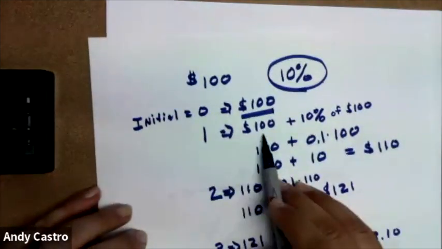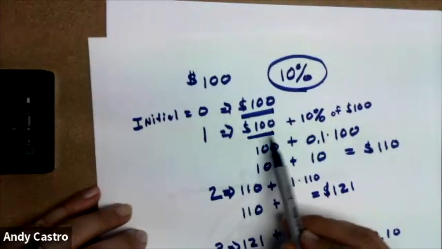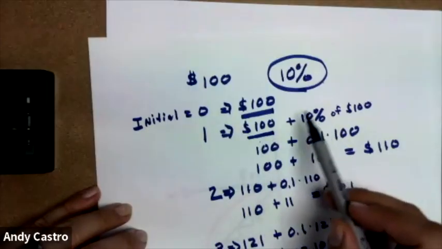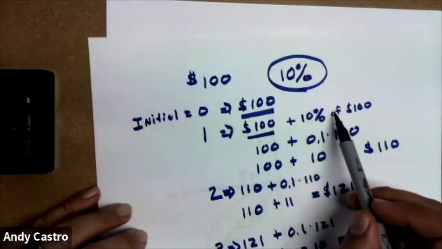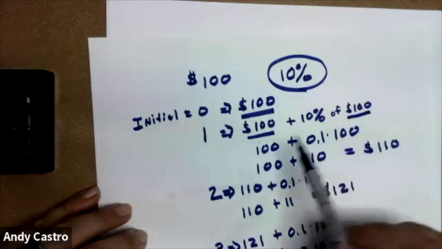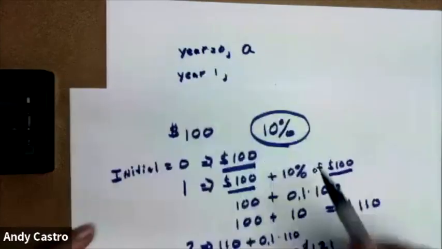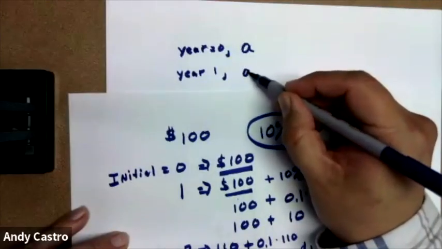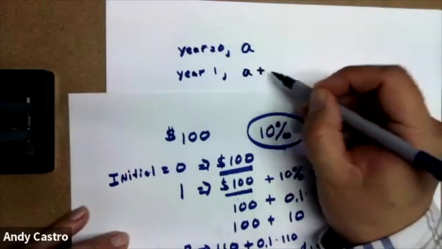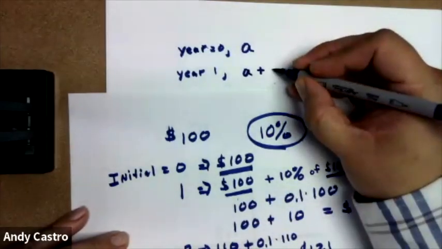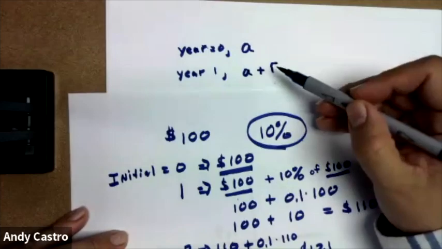Year 1 is going to be our initial investment, in this case 100 or whatever it is, plus the percent it's going to grow times that investment. So we can write that for year 1, it's A plus 10%, and I'm going to use the letter R to denote rate.